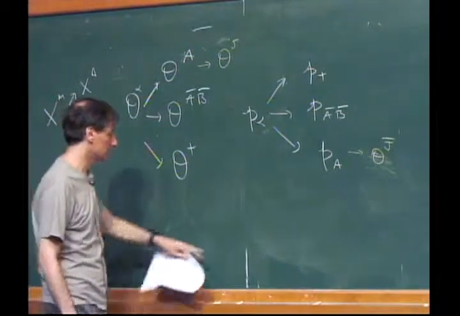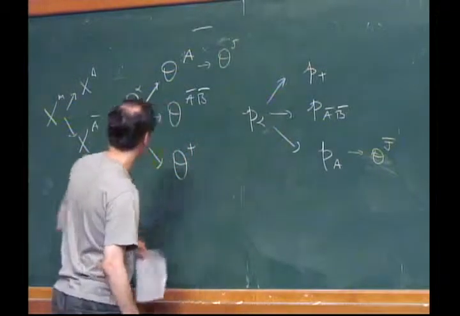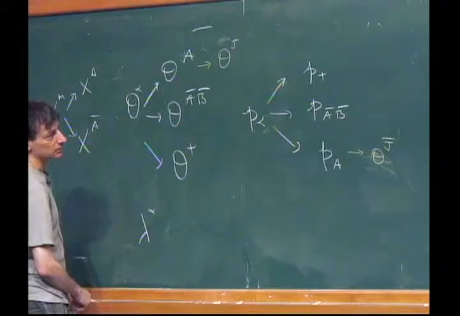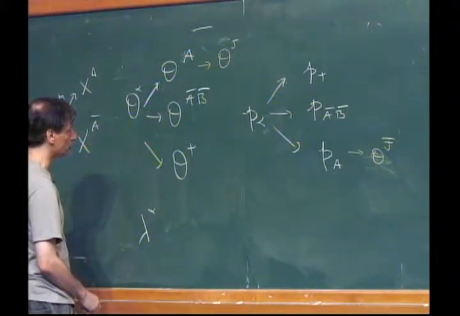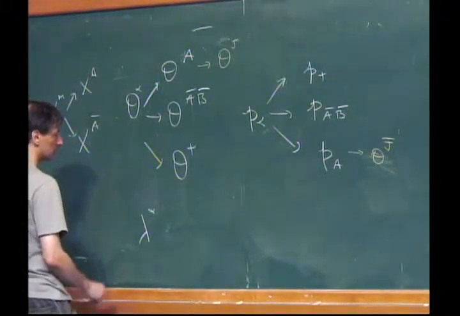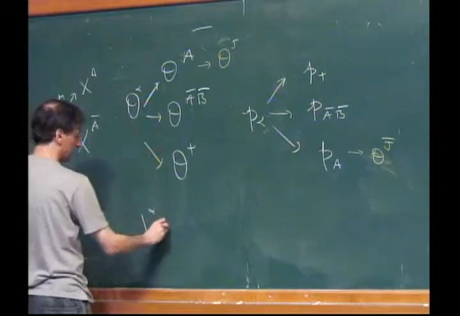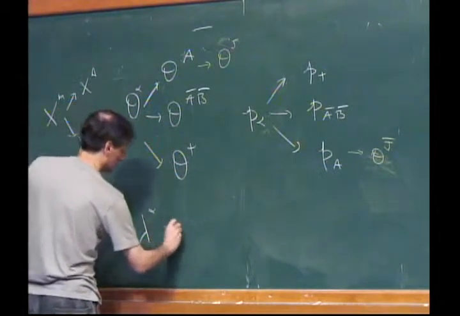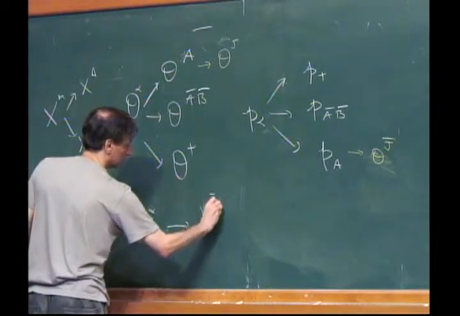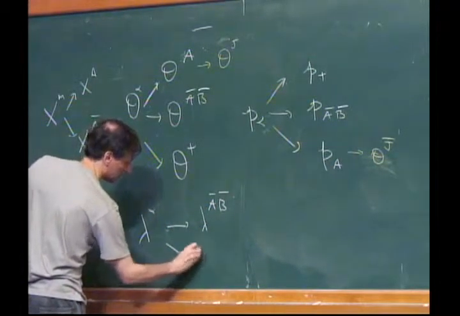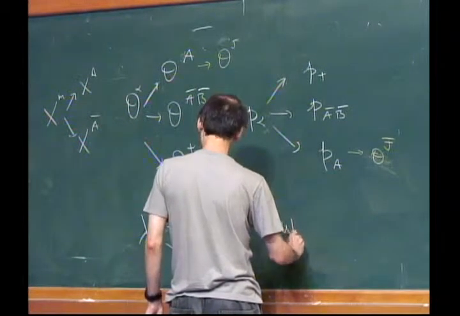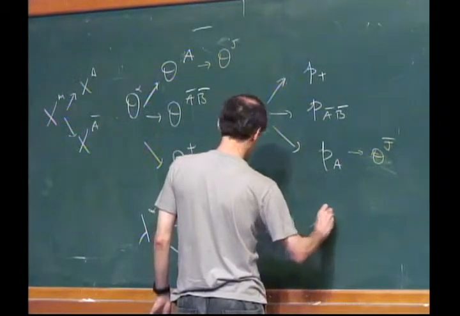So you're still missing some bosons. And those are going to come from things which will be interpreted as ghosts. So theta alpha will have some ghost associated with it, which is going to contain these degrees of freedom. And P alpha will also have some bosons associated with it.